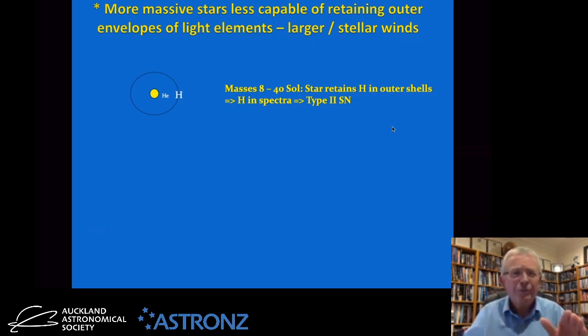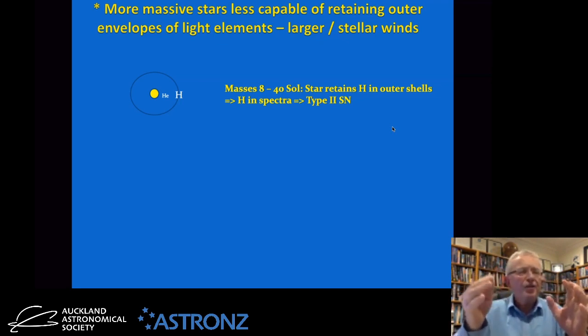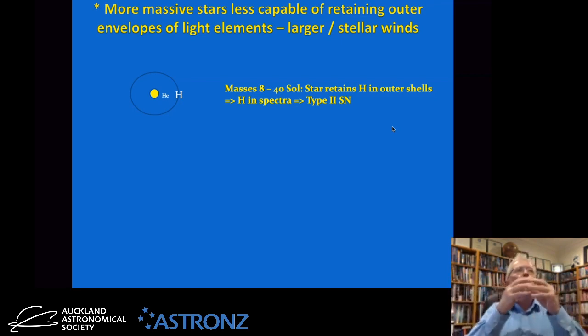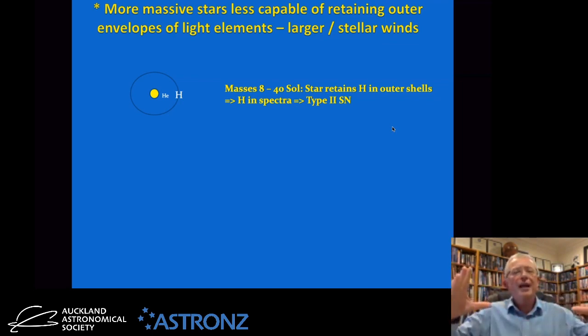The key here is that more massive stars are less capable of retaining their outer envelopes of light elements such as hydrogen and helium because of two reasons. One is, as something gets larger, you're getting further and further away from the center, which means your gravitational attraction is getting less and less the further you get out. So in other words, the gravitational attraction on the surface of a small star is a lot stronger than on the surface of a larger star.